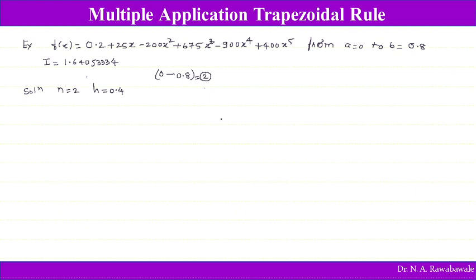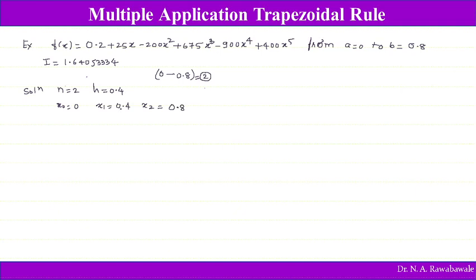According to the trapezoidal rule, we divide it into two intervals: x0 is equal to 0, x1 is equal to 0.4, and x2 is equal to 0.8.